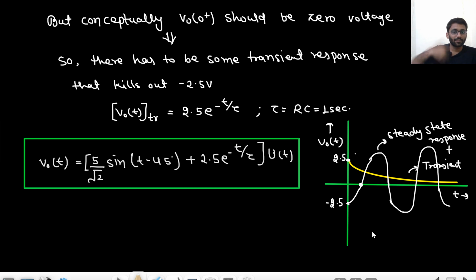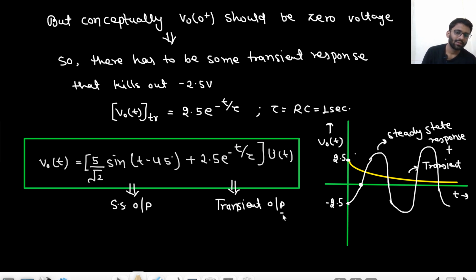That would be the positive 2.5 e to the power minus t upon tau. Eventually it has to die down. After 5 tau it will die down, only this will remain. So this is the steady state output and this is the transient output. So this is how you will write your outputs.